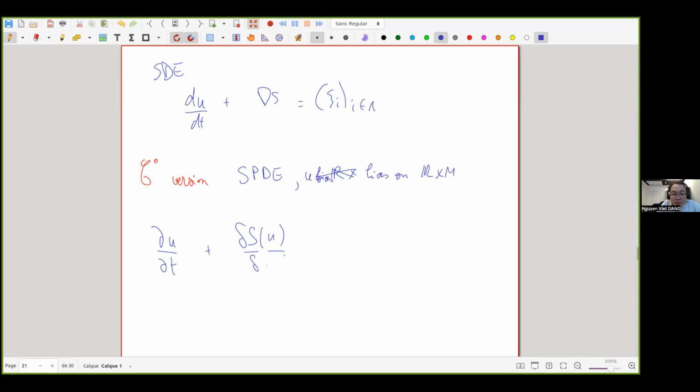You replace the nabla by the functional derivatives, and here it's the space-time white noise.